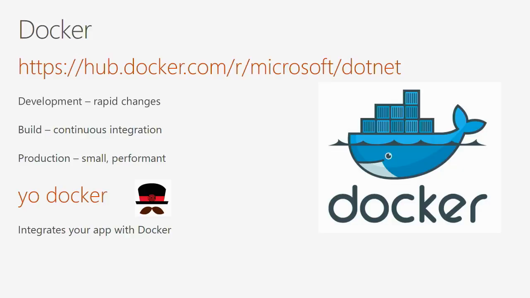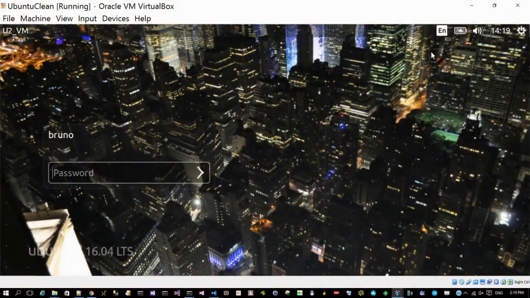And Yeoman helps us to Dockerize our application. So, second demo time, and we are perfectly on time. Let me switch. So what I'm going to do now, I'm going to create a simple ASP.NET Core Web API using the Yeoman scaffolding tool.